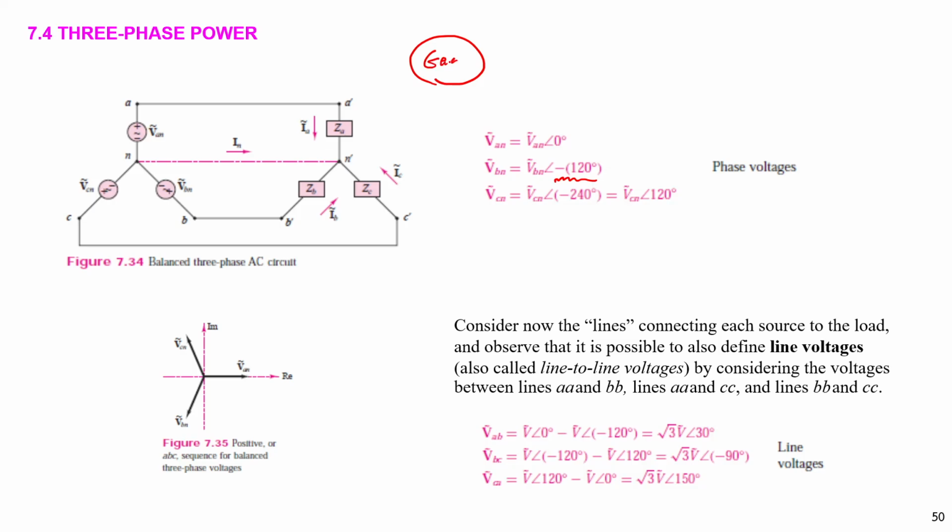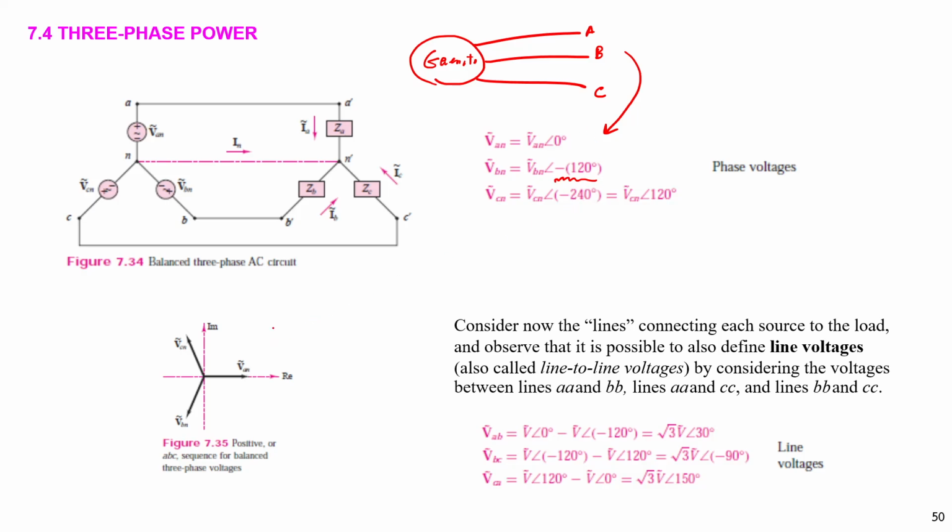The generator will generate three-phase power: phase A, phase B, phase C, and each phase will have the same magnitude of voltage, but phase shifted by 120 degrees.